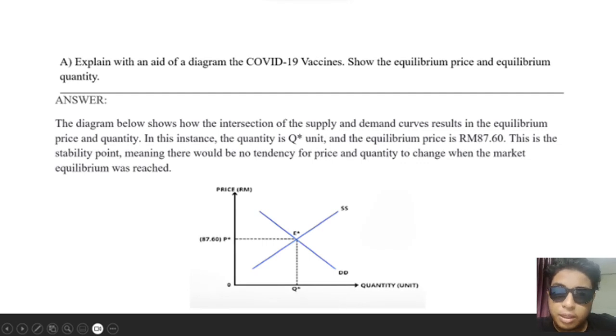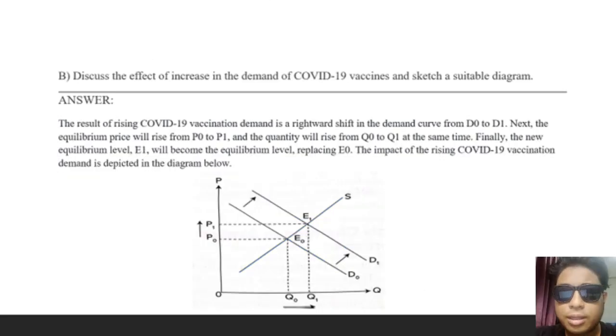So basically in the diagram, the quantity is Q and this is a unit, and the equilibrium price for the COVID-19 vaccine is 87 ringgit and 60 cents, meaning that there would be no tendency for price and quantity to change when the market equilibrium is reached.